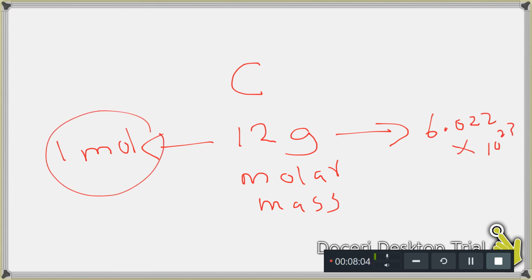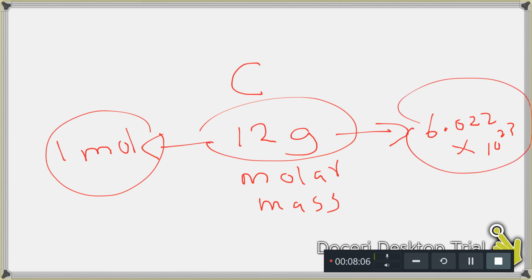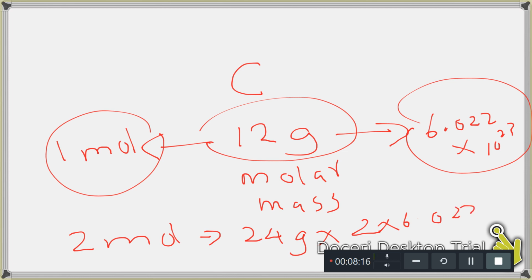Multiply by 2 to go to 2 moles, which is a mass of 24 grams, and I have 2 into 6.022 into 10 to the power 23 atoms. That's the theory. If you think about 2.5 moles, you multiply 12 grams by 2.5.